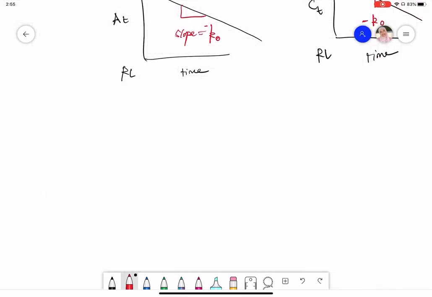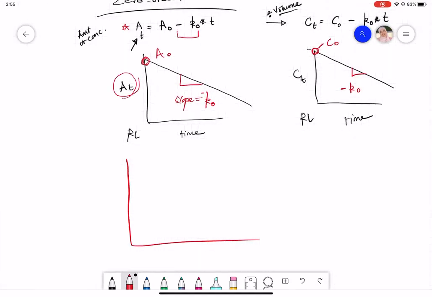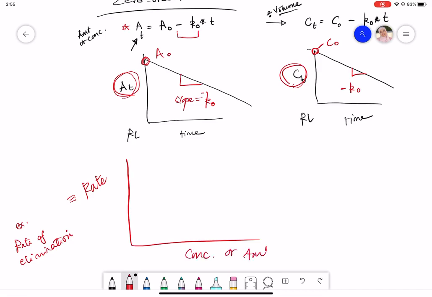So if I want to ask you the question now, if I want to draw not the amount, not the concentration, but the rate of decrease in the amount A, and as we mentioned before, let's say for example it's the rate of elimination in one example in kinetics, versus concentration of the drug or amount of the drug that remains in the body.